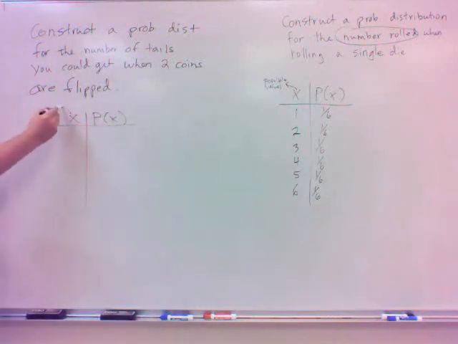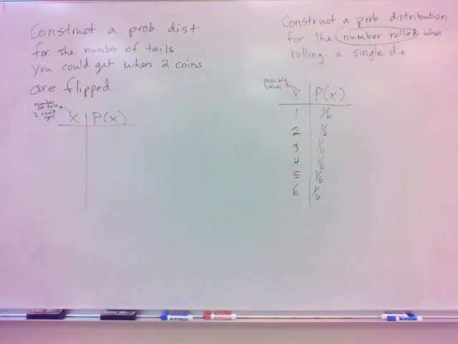So x here, what is x? Well, x is the number of tails I could potentially get. All the different possibilities of number of tails I could get. Well, if you think about it, I could get just 1 tail, right? I could get 2 tails. And what other number of tails could I get?